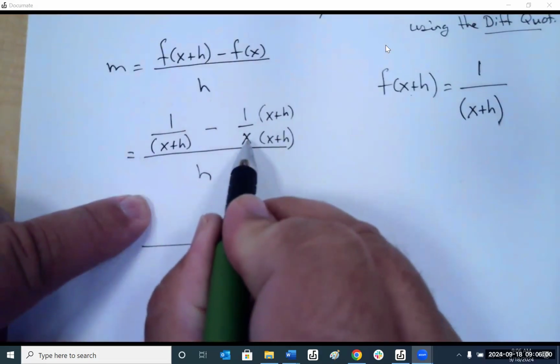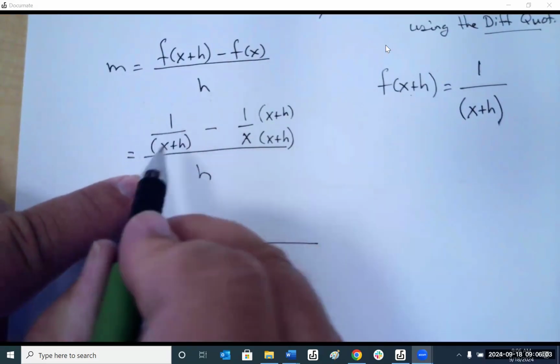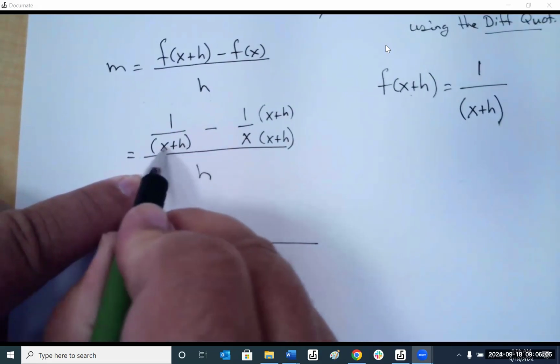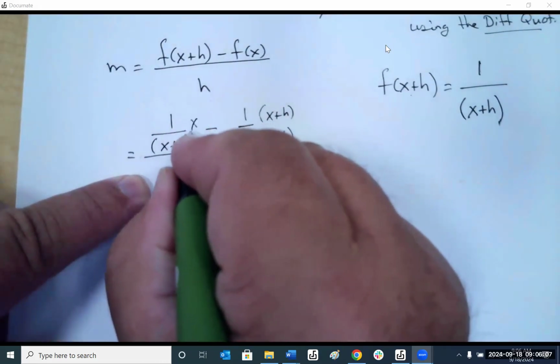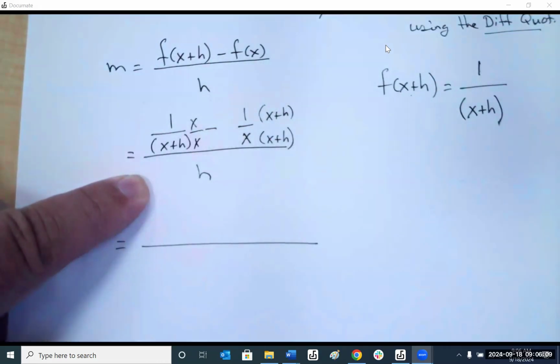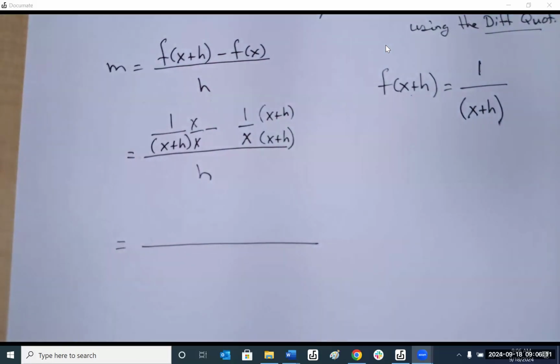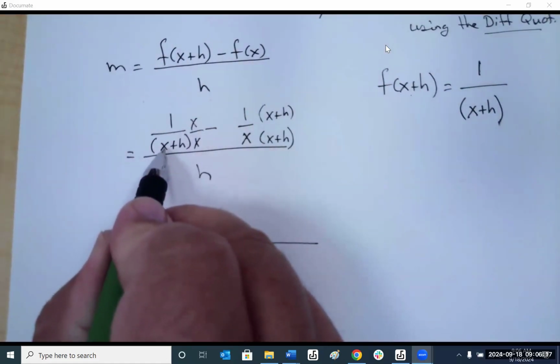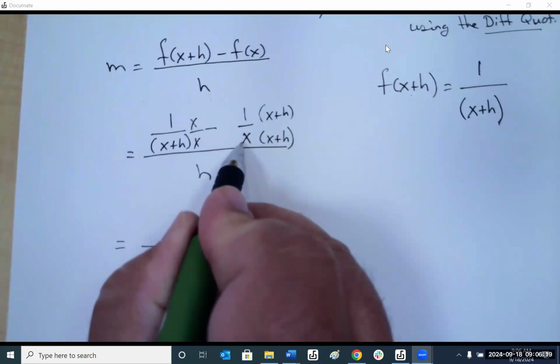This other one has an x. Does this one? That's not the same x because this is x plus h. So it needs an x over x. Since this is in parentheses, it's not the same as that x.